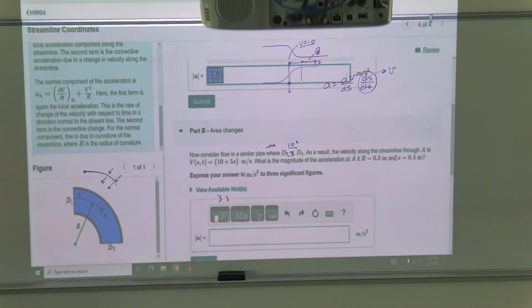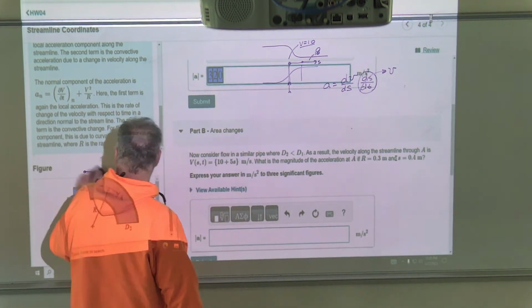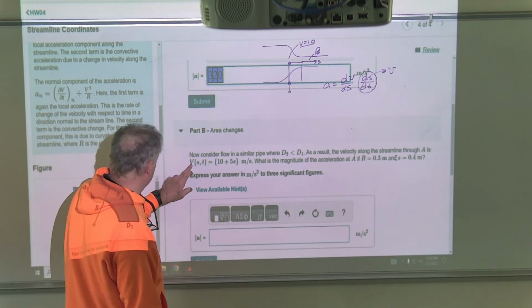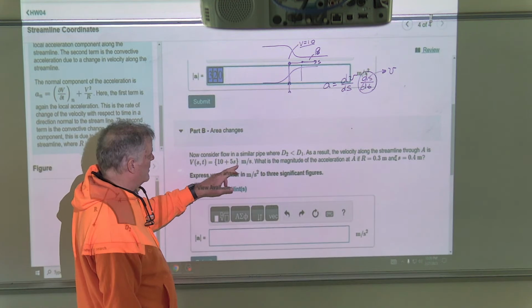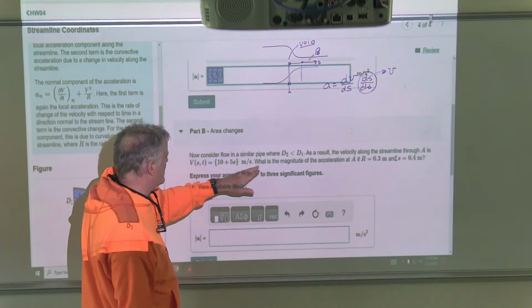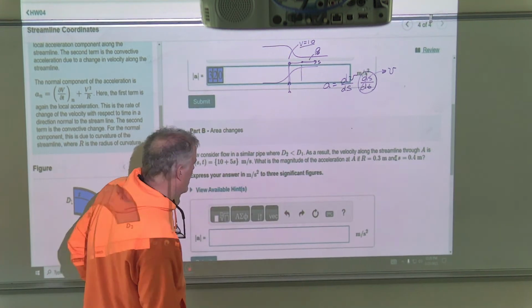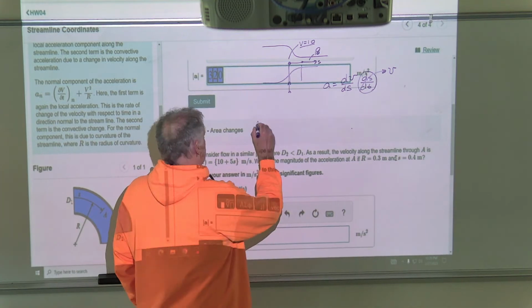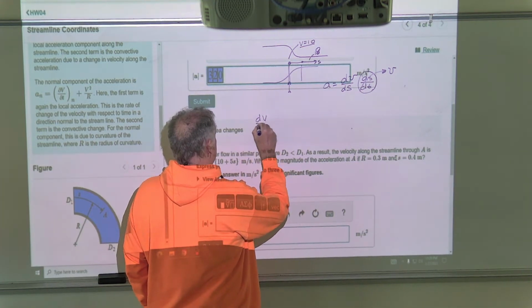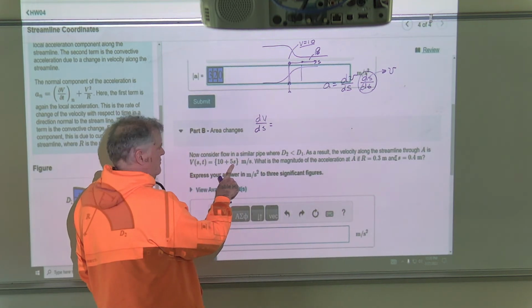Okay, let me look at this. I've got velocity, S, and T. What is the magnitude of the acceleration if R is that, and S is 0.4? First, the change in velocity with respect to S, I think that's just 5.